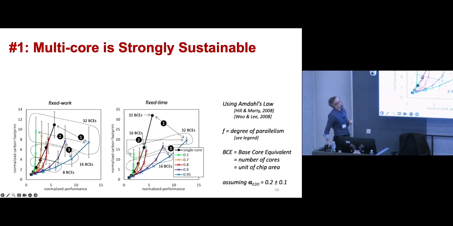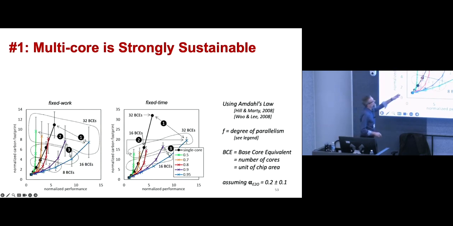Multi-core is another interesting example. It's a little bit complicated to understand, but let me try to explain. Here I'm showing NCF, normalized carbon footprint, as a function of performance for the fixed work and the fixed time scenarios, as a function of chip area. I've been relying on the Hill and Marty paper, which is about extending Amdahl's law for multi-core, and they use this notion of a base core equivalent, which is basically a unit of chip area.